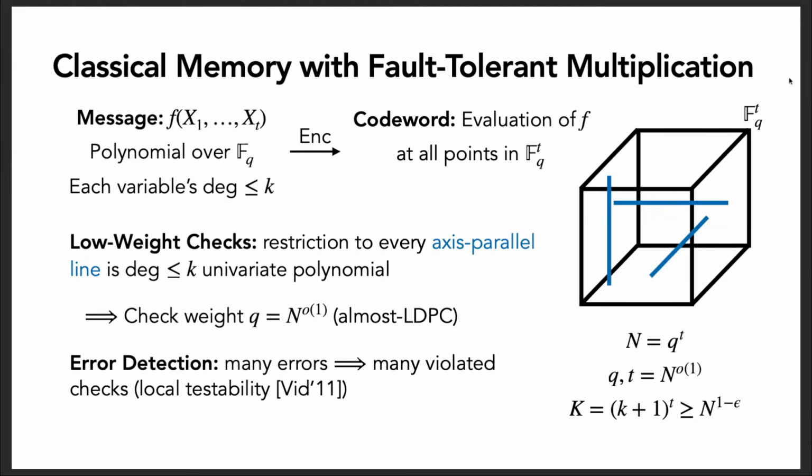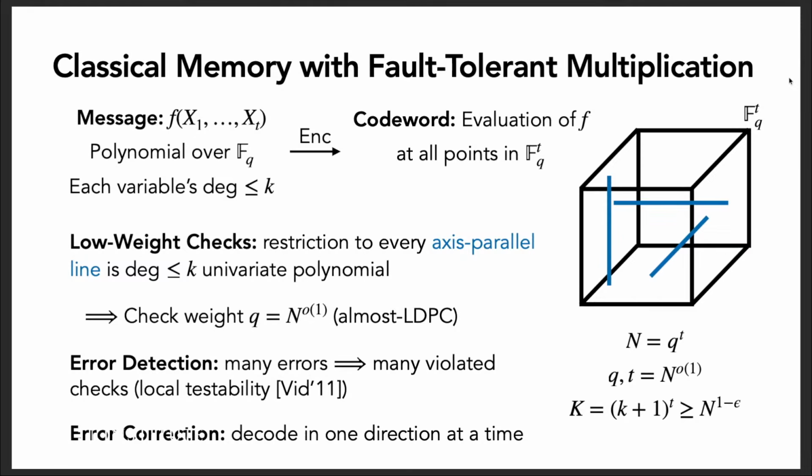And it was shown by Wiedermann, and also in other works in other regimes, that if we sample or count the number of these checks that are violated, that will be a good approximation to the number of errors that occurred. So if we want to figure out if many errors occurred, we can just count or sample and see if most of these checks are violated or not. That's another statement saying this code is locally testable.